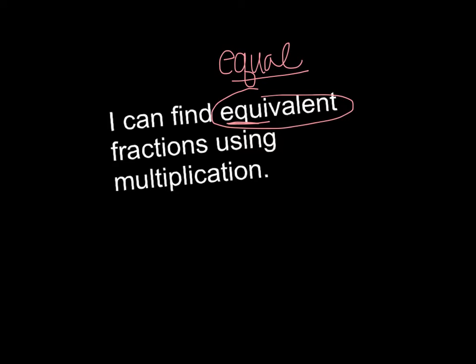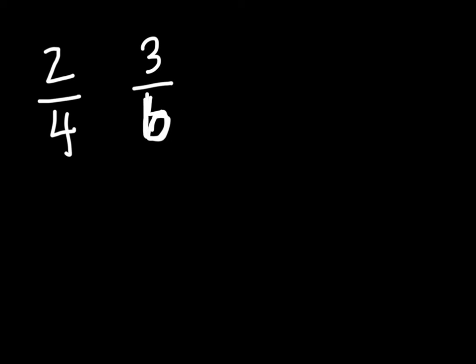In the last video we had on equivalent fractions, we talked about how you can always draw a picture to help you find equivalent fractions. So let's just review that really quick. Let's say I wanted to see if 2/4 and 3/6 were equivalent.